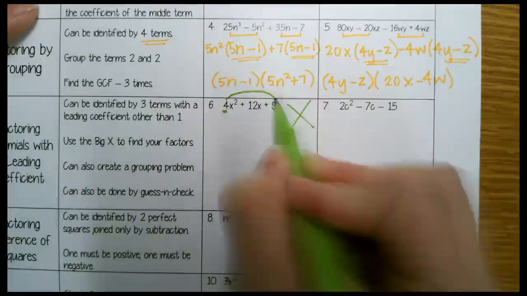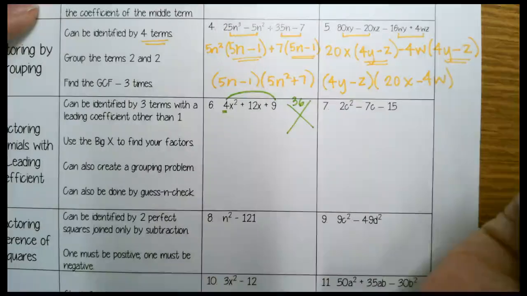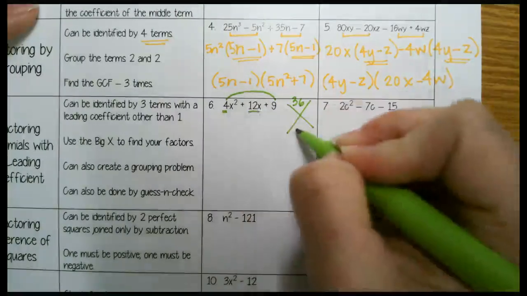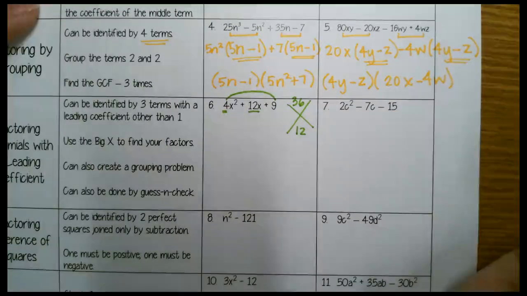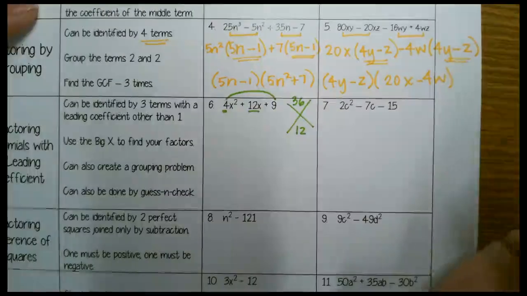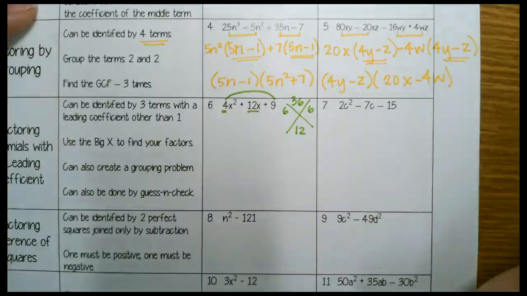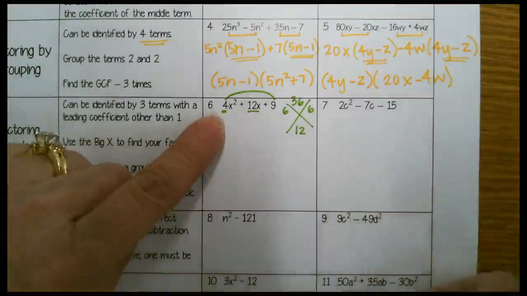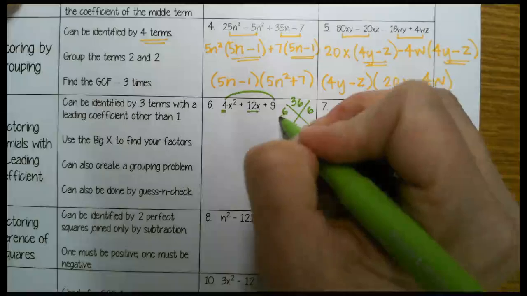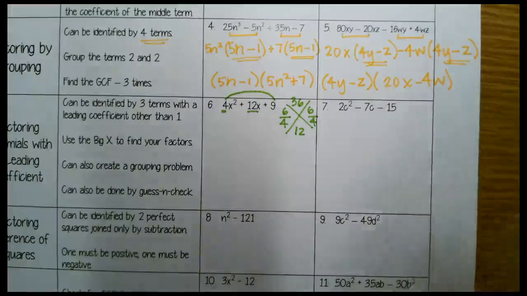So I'm looking for numbers that multiply to be 36, but add up to 12. So that would be 6 and 6. Now, since we have a leading coefficient, I need to factor that back out, so I need to reduce this back down.